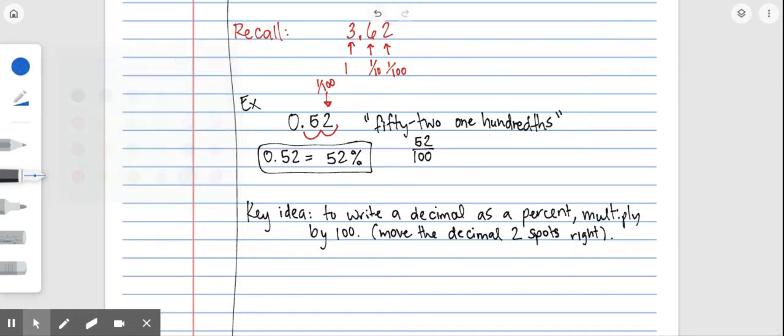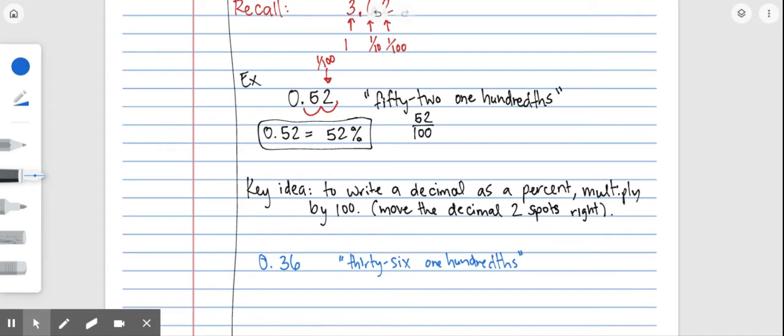So let's do another example. I'm going to use blue. 0.36, or in words, this is 36 100ths. As a fraction, that's written as 36 out of 100.